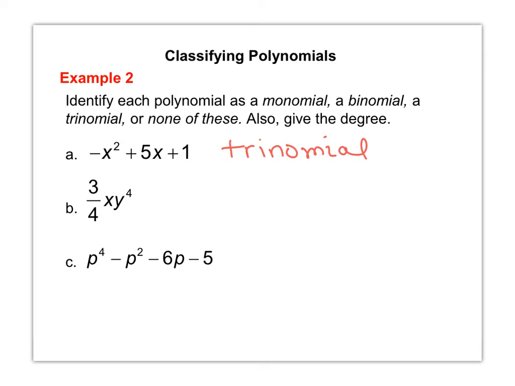In part B, the term is 3/4 xy to the 4th. It's a single term, so we classify that as a monomial. And the last example, part C here, has 4 terms, so we don't give it a special name. We could say it's none of these. We can say that it's simply a polynomial.